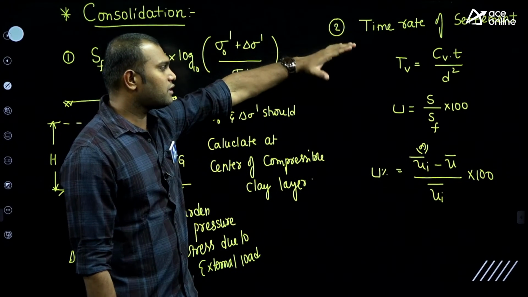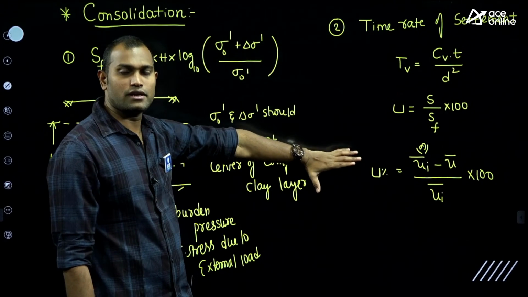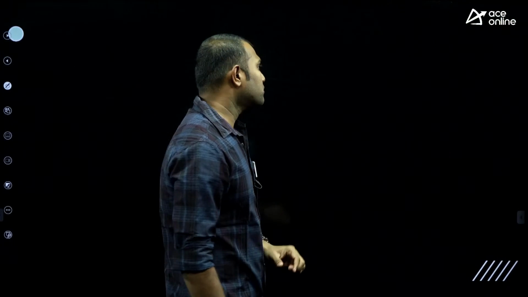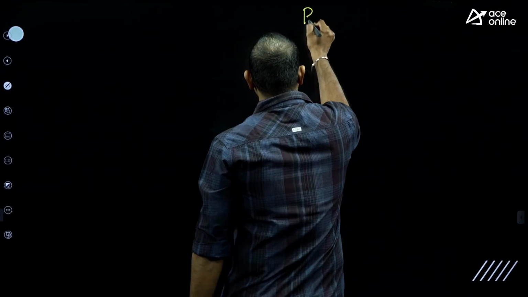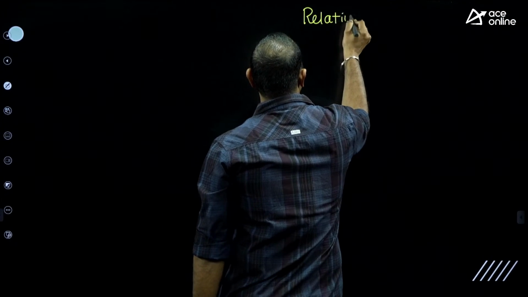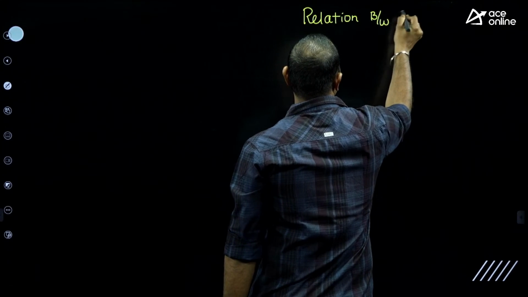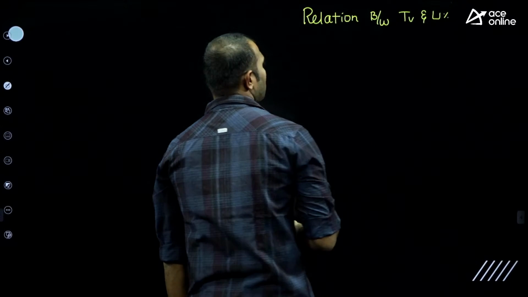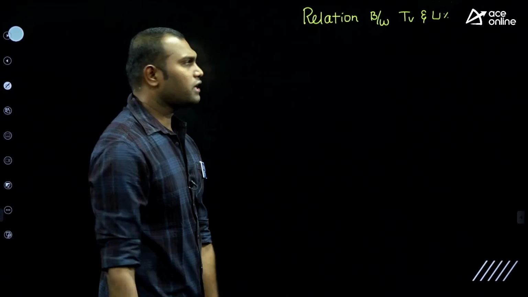Tv equals Cv into t by d square, and this is the degree of consolidation. Okay, and now the relation between the time factor and degree of consolidation.